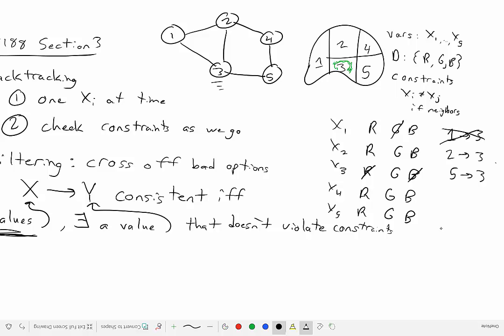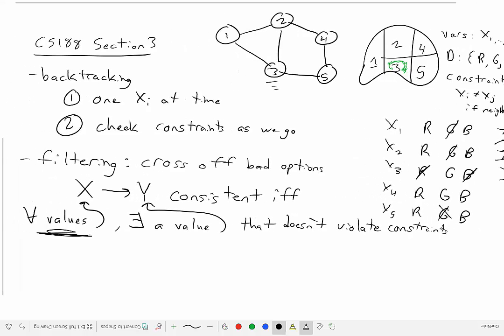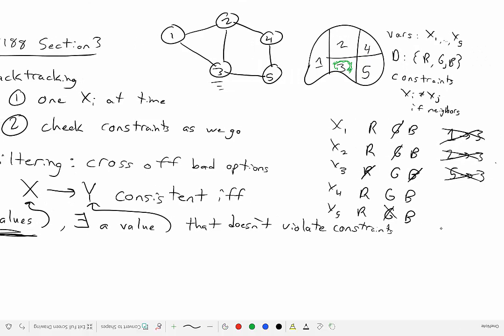Now I would do the same thing for 2 to 3 and 5 to 3, and if you run through the same process, they're exactly the same as 1. So I would also cross off green for 2 and for 5, and that would be good. So that's how to enforce arc consistency, and in general, this is called forward checking.